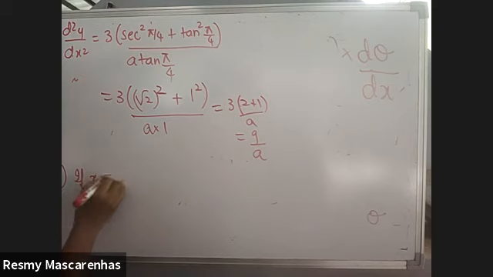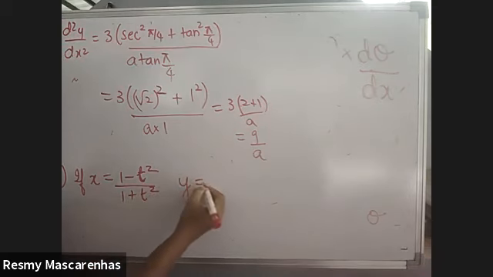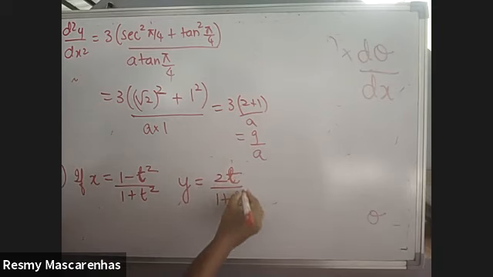You can try this. If x is equal to 1 minus t square upon 1 plus t square, y is equal to 2t upon 1 plus t square.